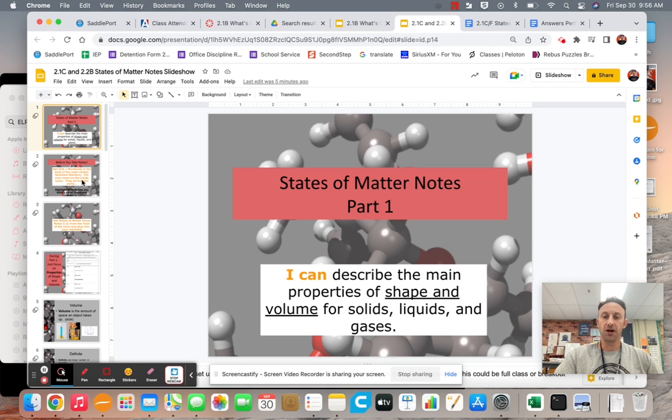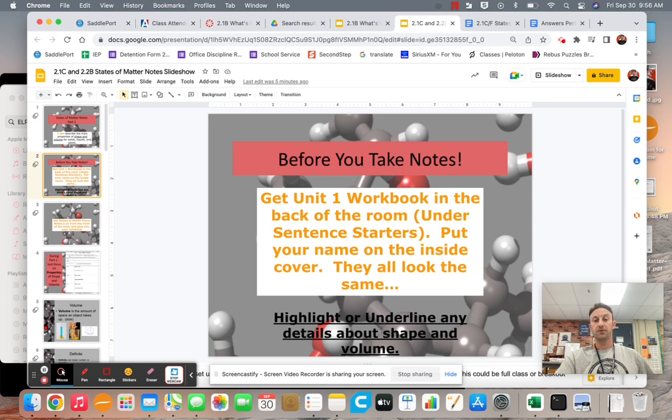The main focus of these notes is that you can describe the main properties of shape and volume for solids, liquids, and gases. So go get this workbook. I'll pause for you. And now that you have it, open up to workbook page 11.